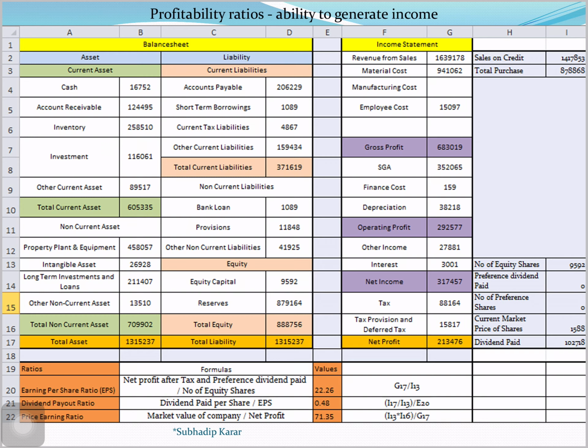These three ratios are very effective to analyze whether we should invest in that company or not from the investor's point of view, because they show how investors will earn money by investing in the companies.